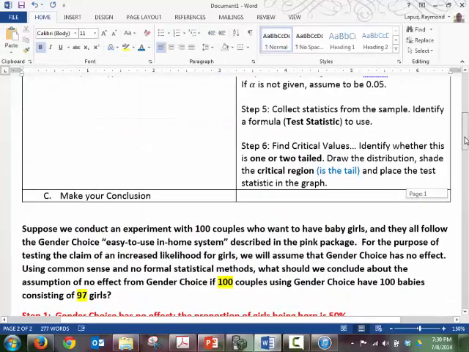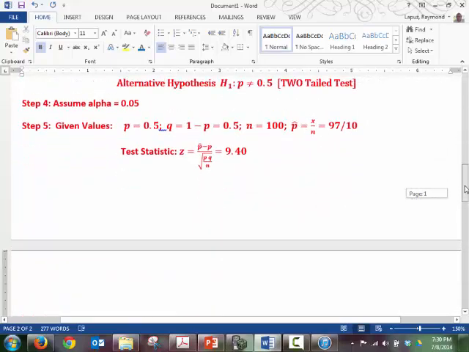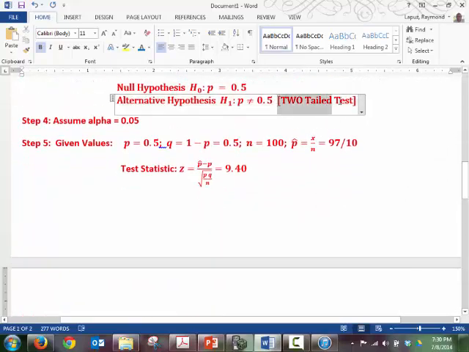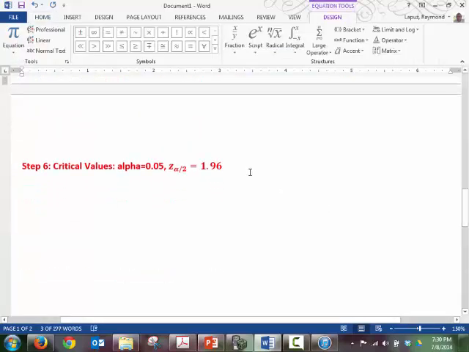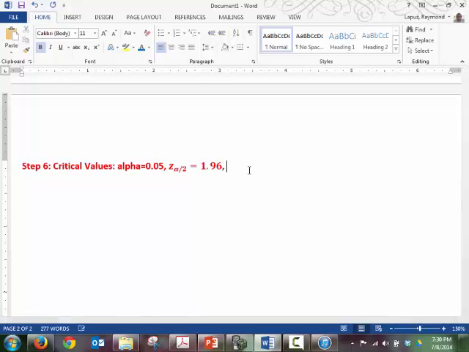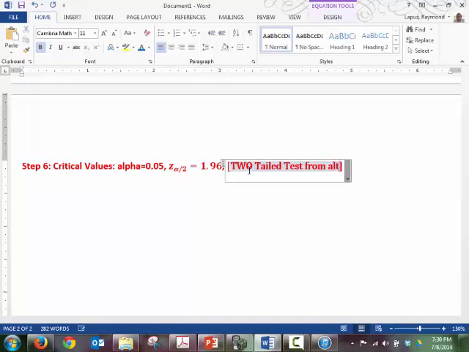Now we have to draw this. We know that it's two-tailed, from the alternative hypothesis.